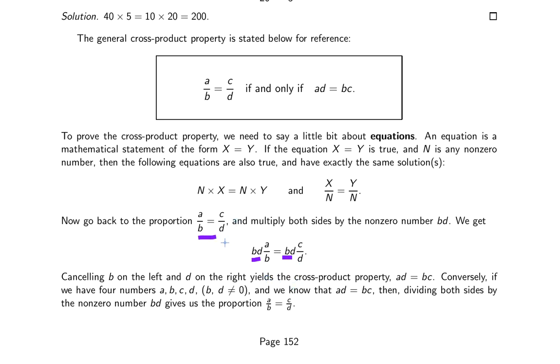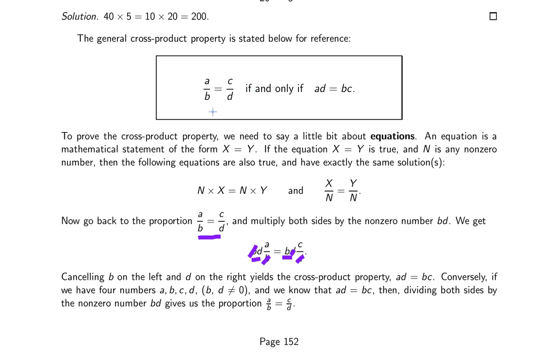If this is equal and you multiply by the same thing, then this is also going to be equal. Now here we're multiplying by B and dividing by B, so those B's cancel. We're left with DA. Over here, the D's cancel. We're left with BC. DA is the same as AD.